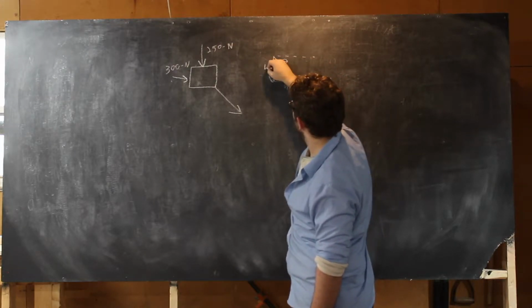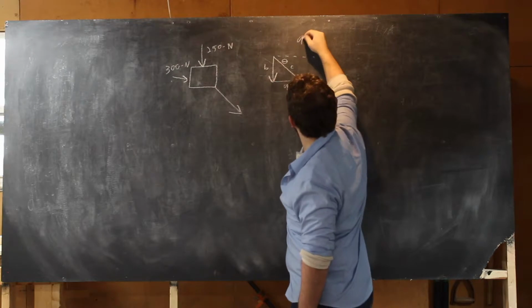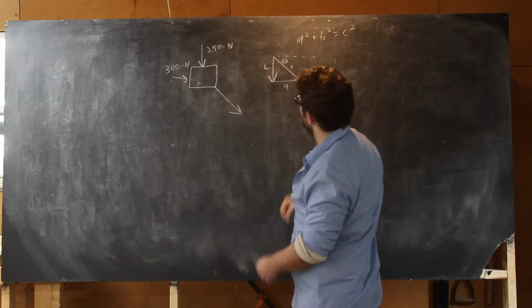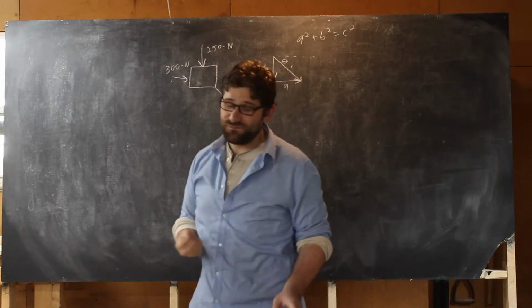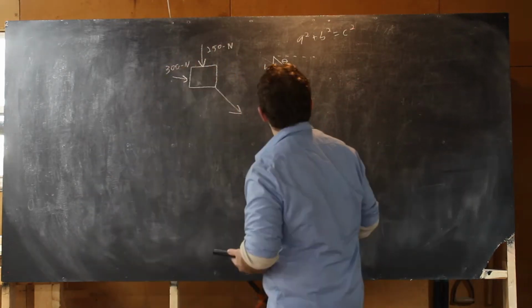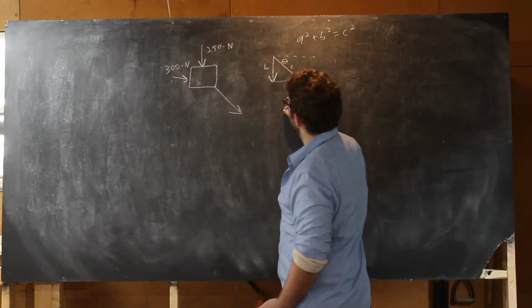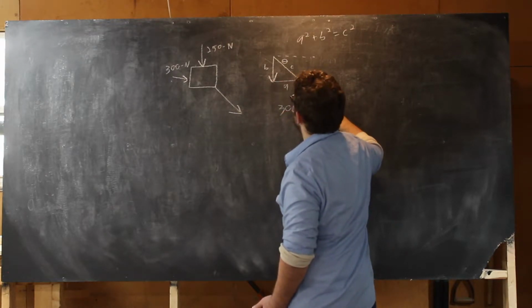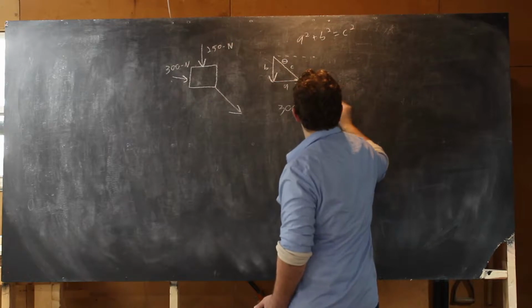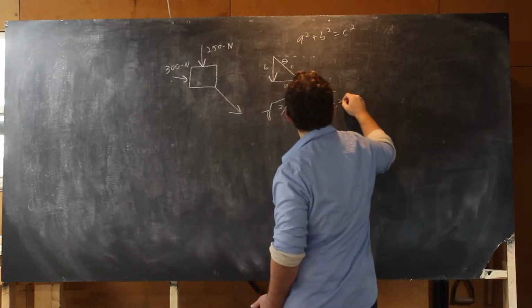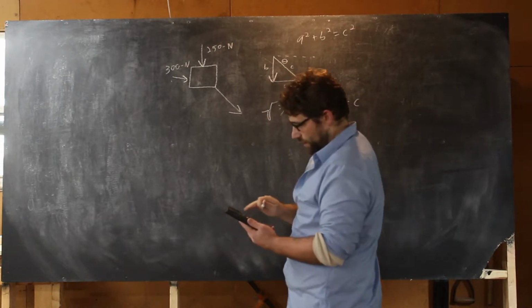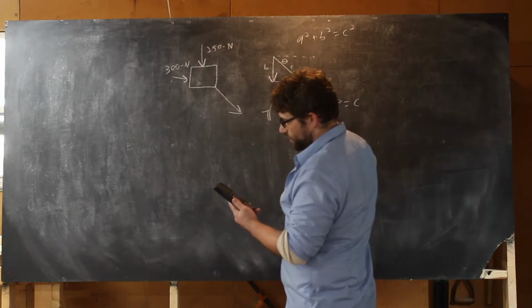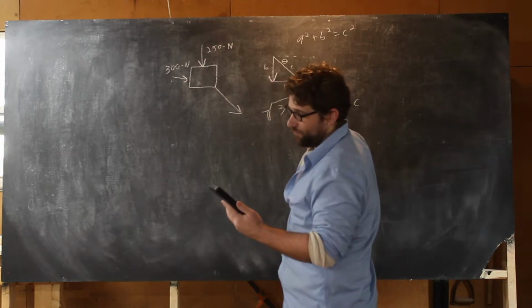So this is A, B, C, and A squared plus B squared equals C squared. So I can go ahead and do that very easily. That's going to be 300 squared plus 250 squared, all of that square root is going to equal my C. If I square them and add them together, I get 152,500.